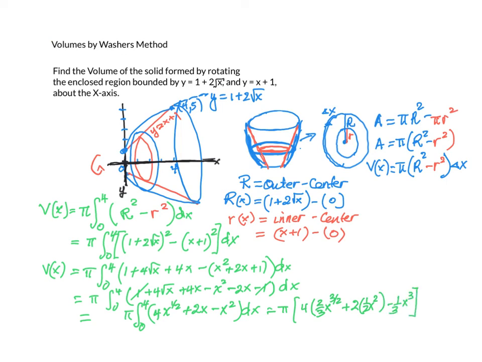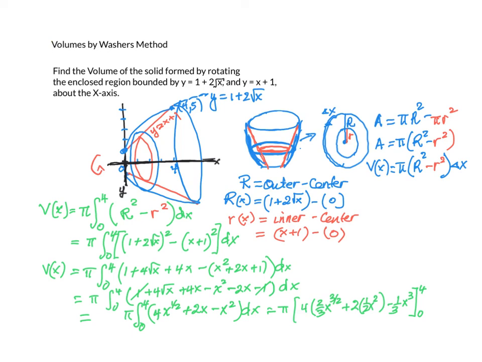And all of this is evaluated from 0 to 4. Now let's take a look. When I substitute 4 in for x, I take the square root, which is 2. Cube, 2 cubed is 8. 8 times 2 is 16. 16 times 4 is 64.